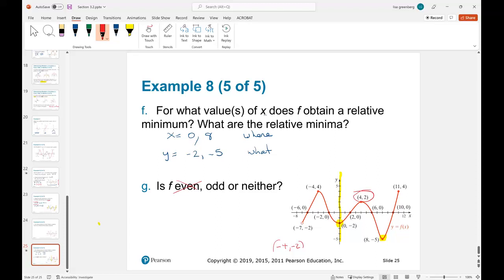Remember, everything's going to be negative. And if I go 1, 2, 3, 4, and then I go -2, that would give me a point right there, which I don't have. So we can say for sure it's not odd. So if it's not odd and it's not even, it's neither.